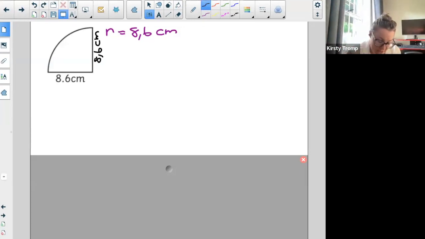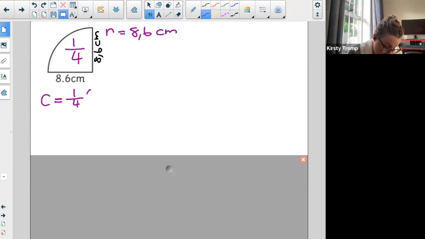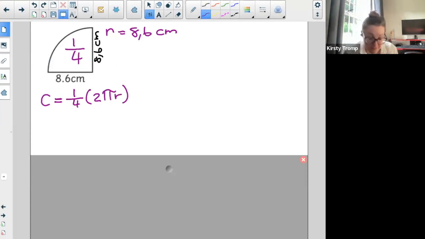So far I've got radius equals 8,6. We said that this was a quarter. All right. So let's start. We've got circumference equals, okay, a quarter times by 2 pi r.